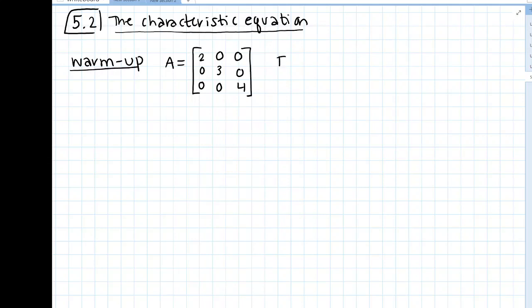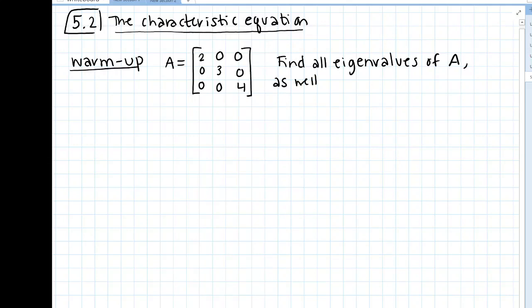So we want to find all eigenvalues of A, as well as the bases for the corresponding eigenspaces.